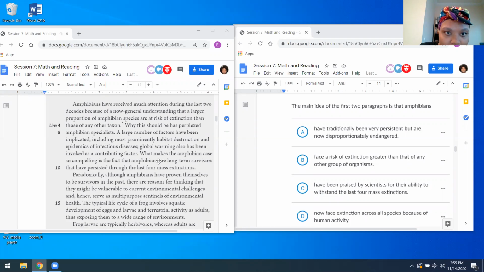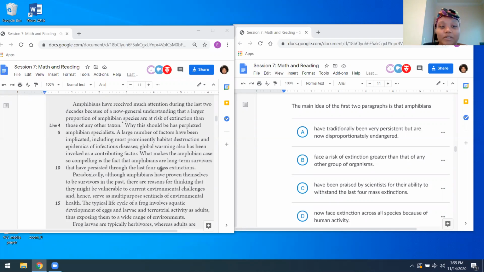ML, you also were saying now, so more than ever. Trying to find exactly. I like that you mentioned the long-term survivors that have persisted through the last 4 mass extinctions.